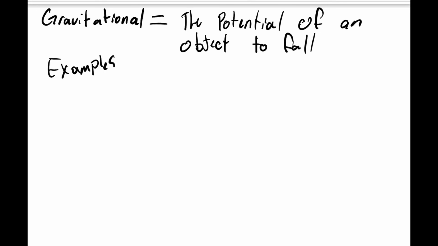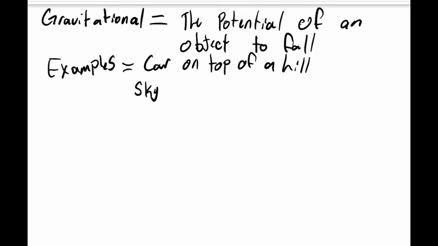Think of things that could fall, like a car on top of a hill, or a skydiver in a plane. Those would be things that would have gravitational energy because they have the potential to fall.